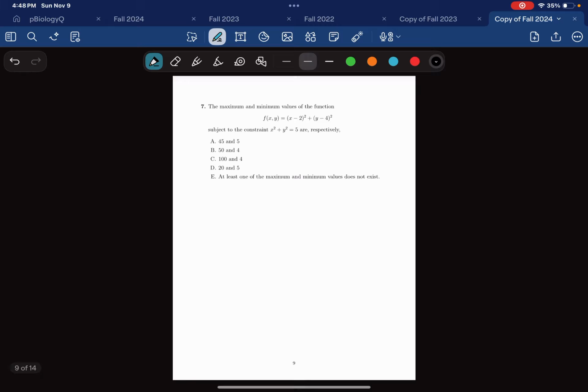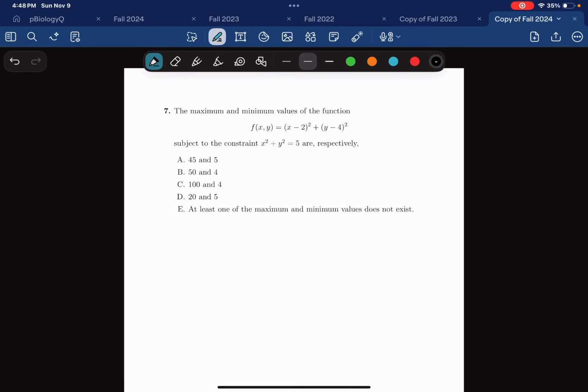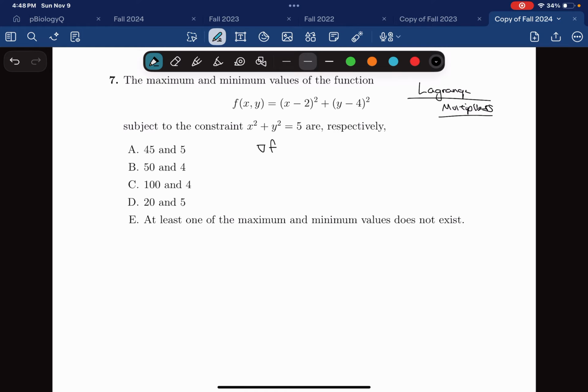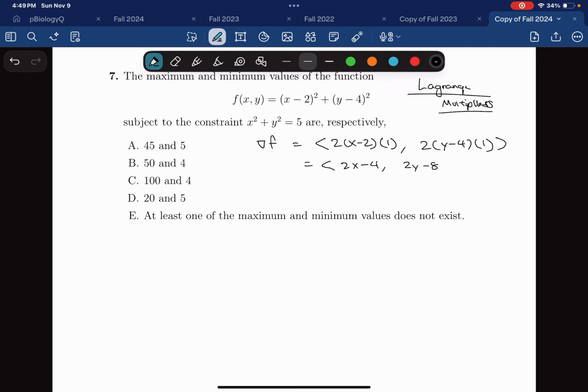Yay! Okay. This is another Lagrange multipliers question. Okay, so if we take the gradient of f, we get, oh man, this is going to be weird, 2x minus 2 times 2, and then 2y minus 4 times 2, which just turns out to 2x minus 4, and 2y minus 8.